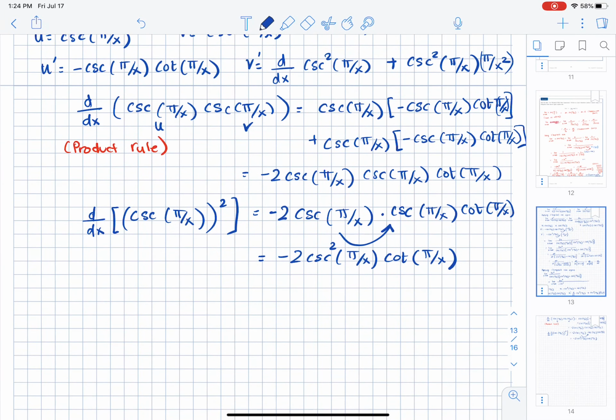Same here, we've got to multiply by negative pi over x squared.